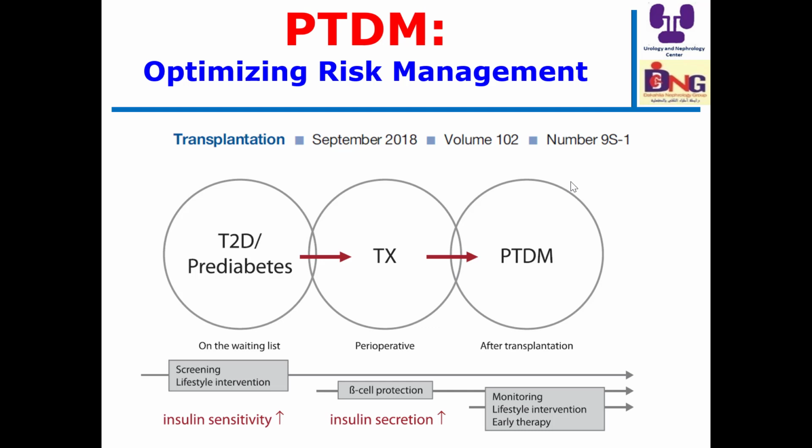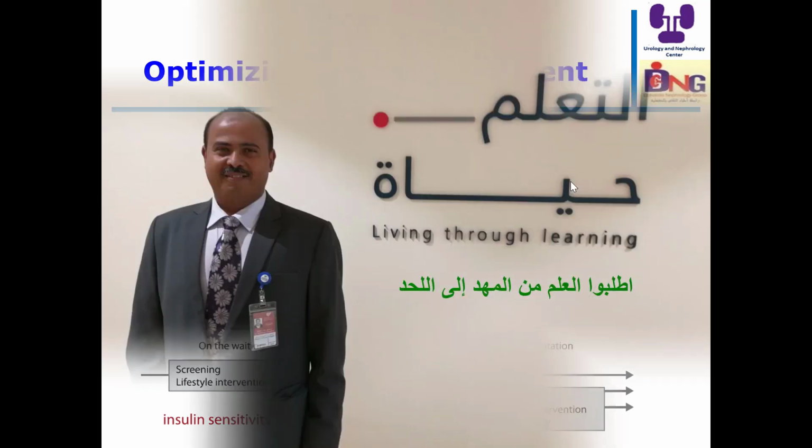We should target early management, addressing screening and lifestyle intervention all through the period, from the waiting list up to the end, beta cell protection at the time of transplantation and later on, monitoring, lifestyle modification, and early therapy to protect our patients.